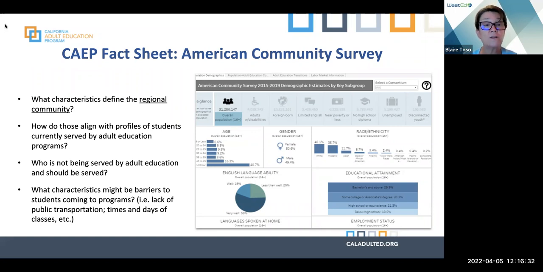And you can see the questions that we think these can answer on the left-hand side. Also the ACS data has different filters along the top, so you can begin to better refine your questions, such as adults with disabilities, foreign-born, or limited English, and that will populate with the same kind of information for each one of those distinct groups to further your planning.